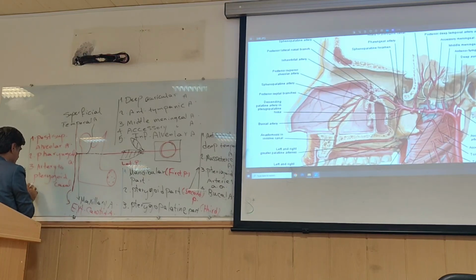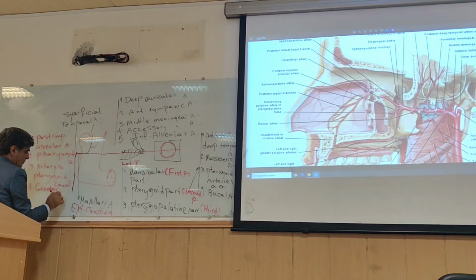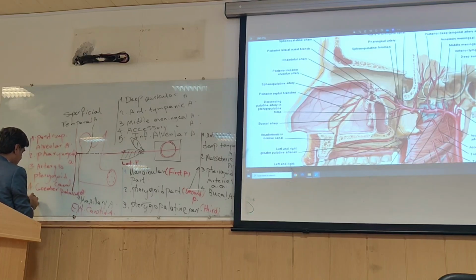Four, greater palatine artery. Five, lesser palatine artery.